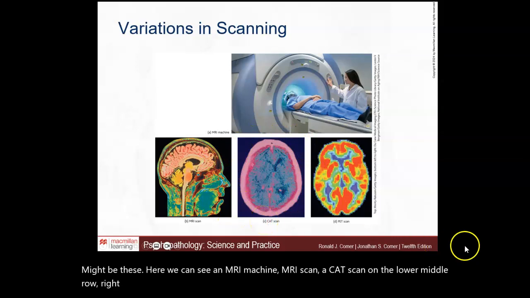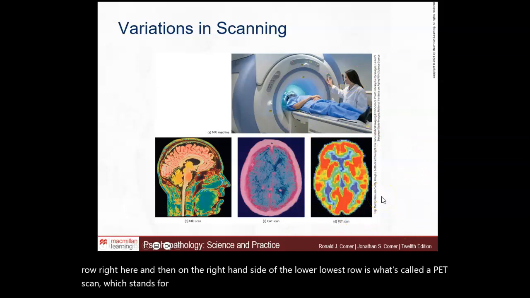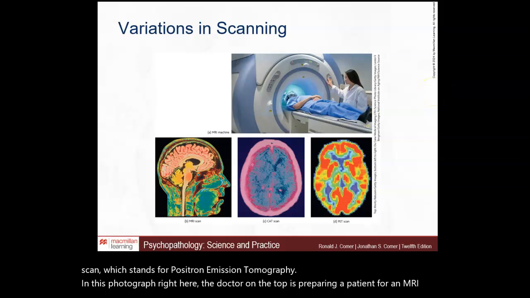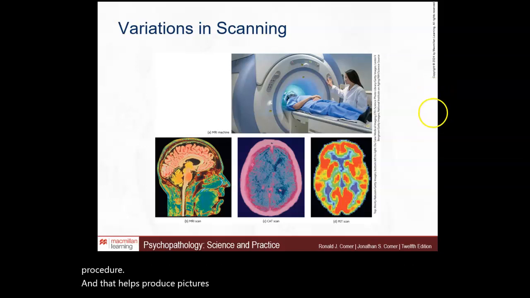And then on the right-hand side of the lowest row is what's called a PET scan, which stands for positron emission tomography. In this photograph right here, the doctor on the top is preparing a patient for an MRI procedure. And that helps produce pictures of the living brain.